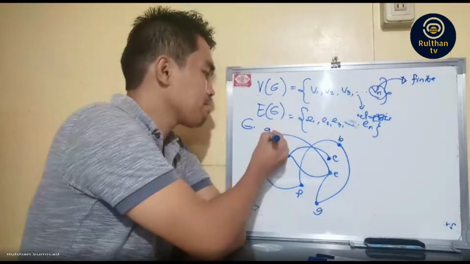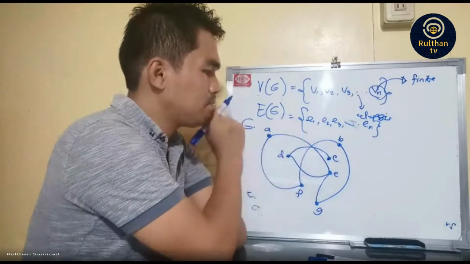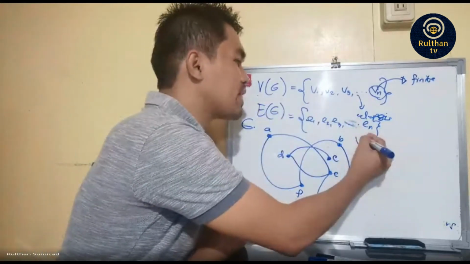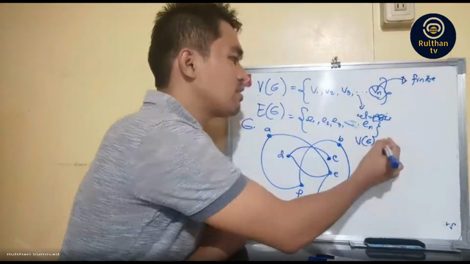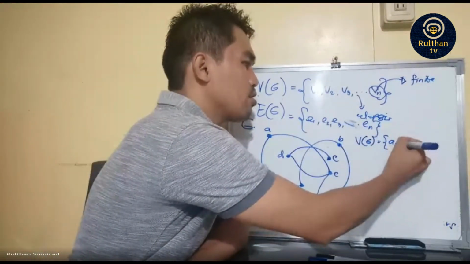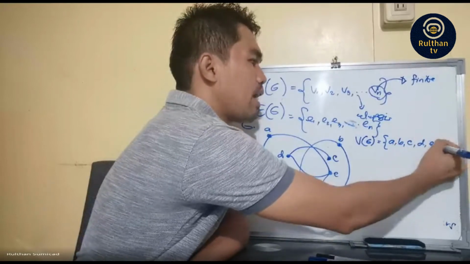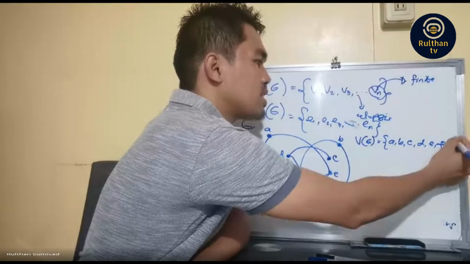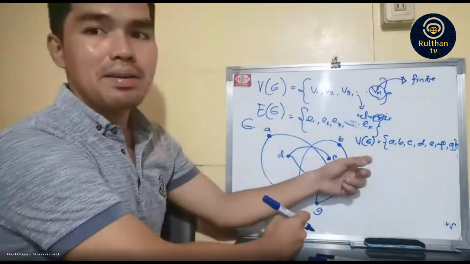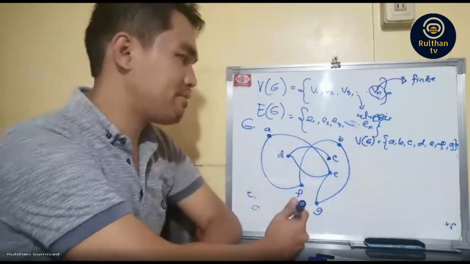When we say V of G, the vertices of G, that means we have A, B, C, D, E, F, and then we have G. These are the elements of our vertex set, the vertices of graph G.